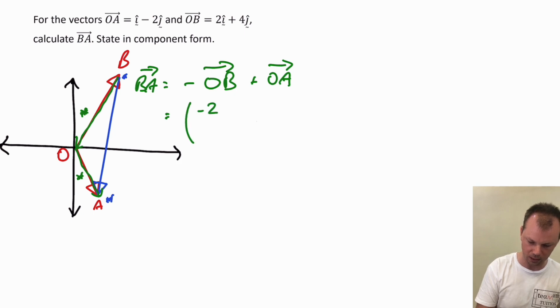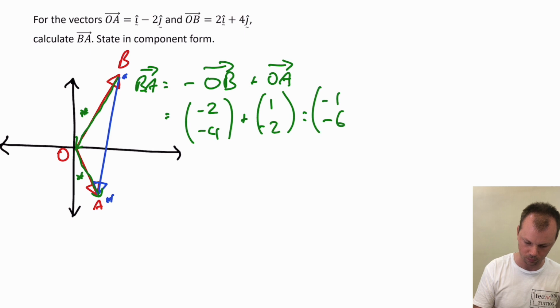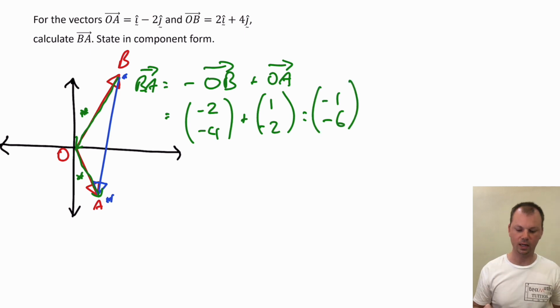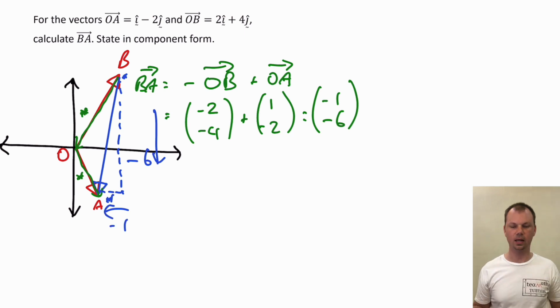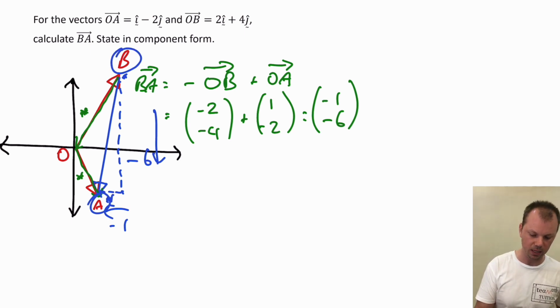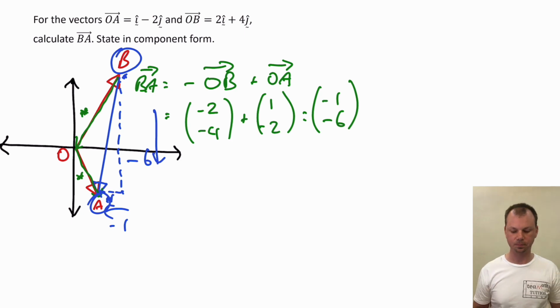Negative OB is -2, -4, plus OA, 1, -2. We get -1, -6. So if we're looking at that blue vector, it's going down 6 and it's going across 1 in the negative direction. And that's how we can work out the position vector from point B to point A.